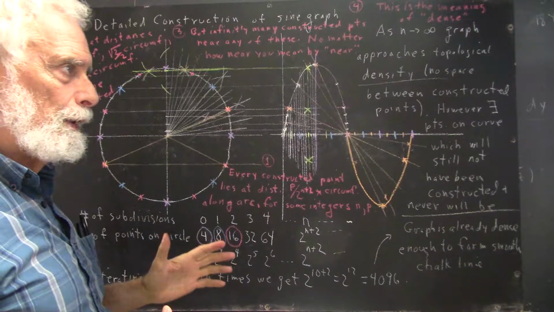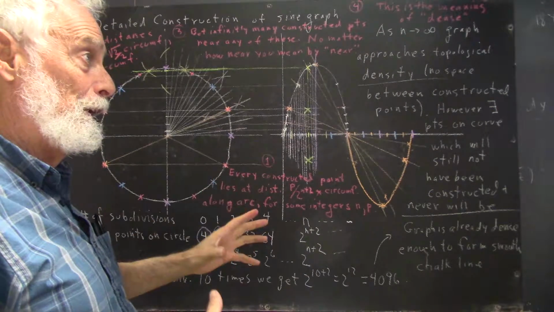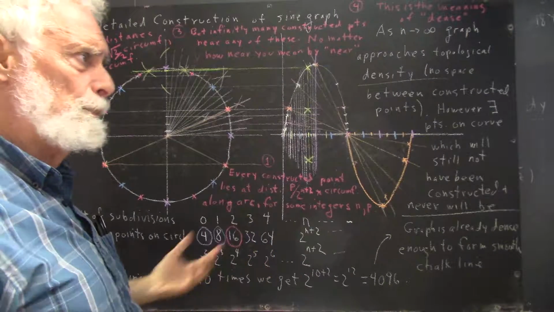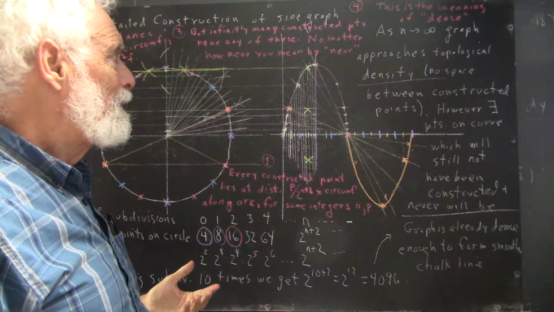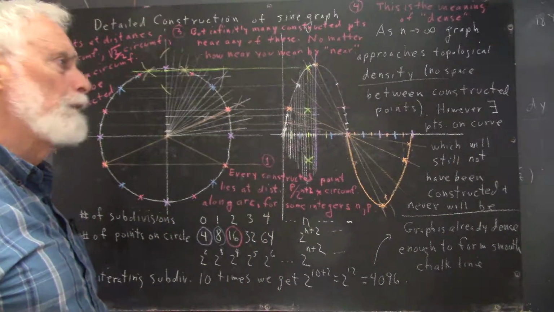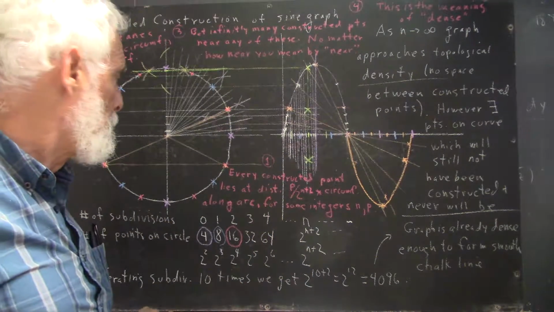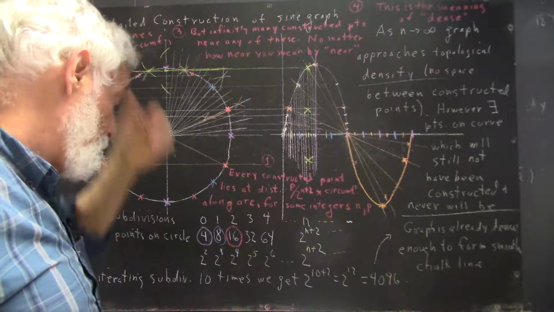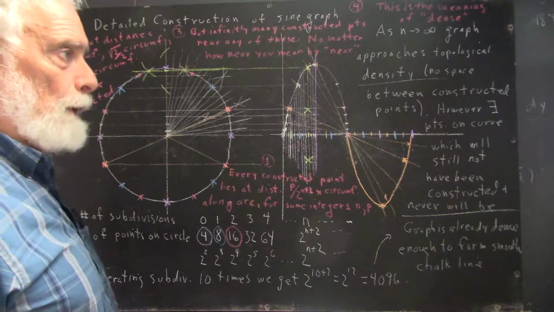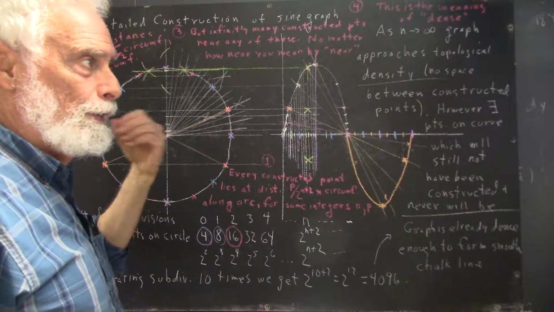It's hard to get your mind around just how dense is, and it's also hard to get your mind around the fact that there aren't points that are included among this infinitely dense set of points. But it actually turns out that in a very important mathematical sense, there are more points that you can't construct than that you can.